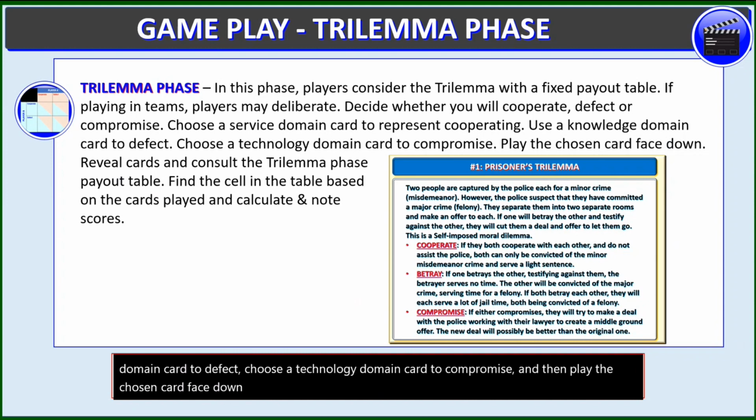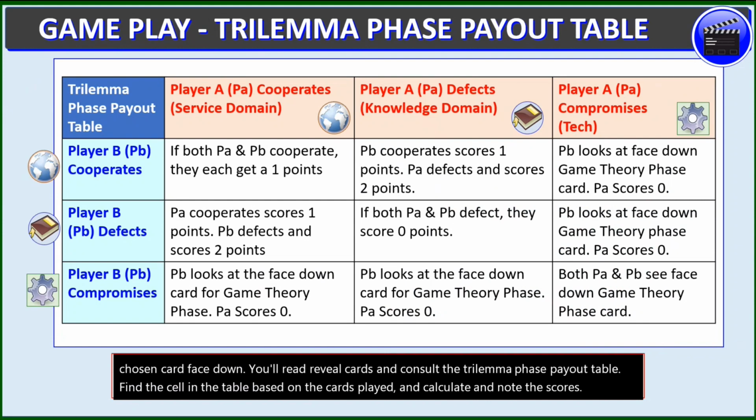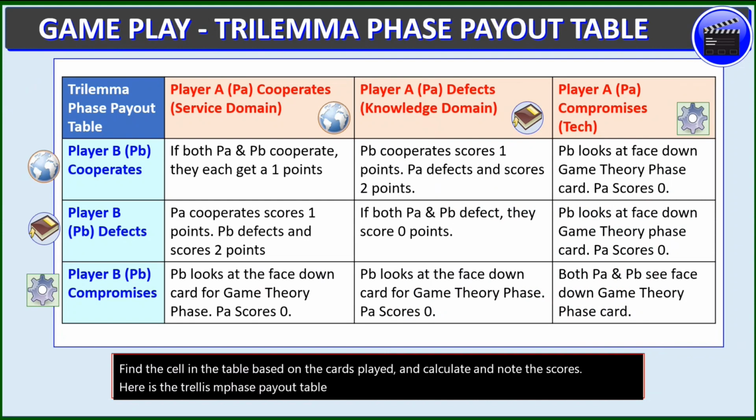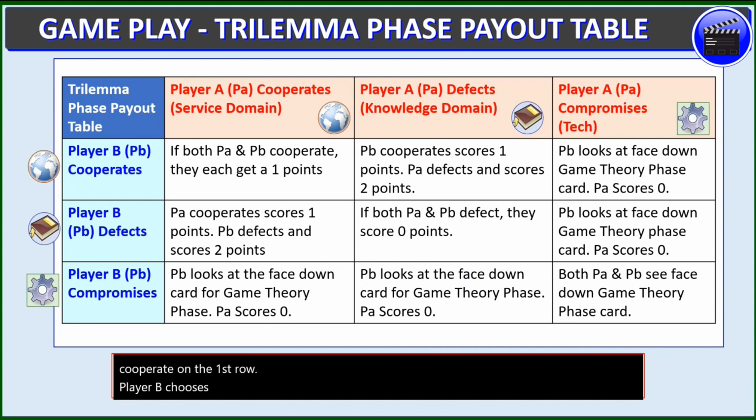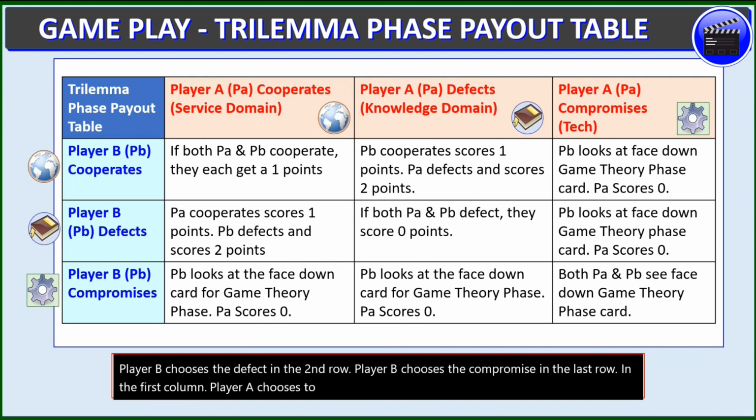You'll reveal cards and consult the trilemma phase payout table, find the cell in the table based on the cards played, and calculate and note the scores. Here is the trilemma phase payout table, and we see along the rows that player B chooses to cooperate in the first row, player B chooses to defect in the second row, player B chooses to compromise in the last row. In the first column, player A chooses to cooperate through a service domain card.